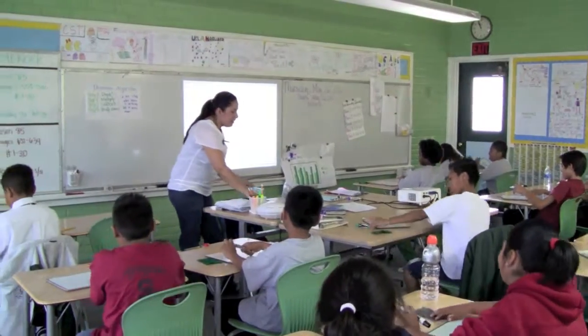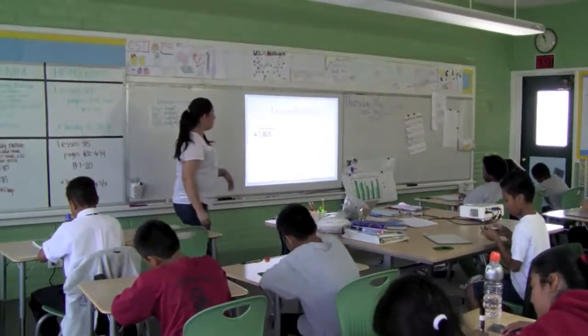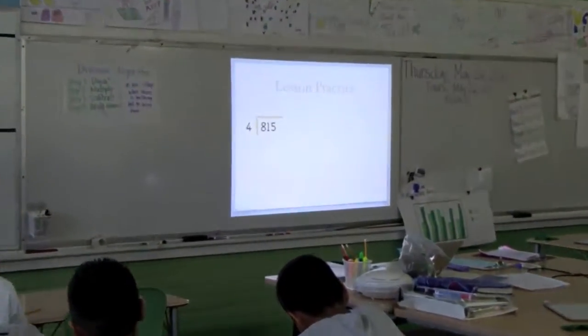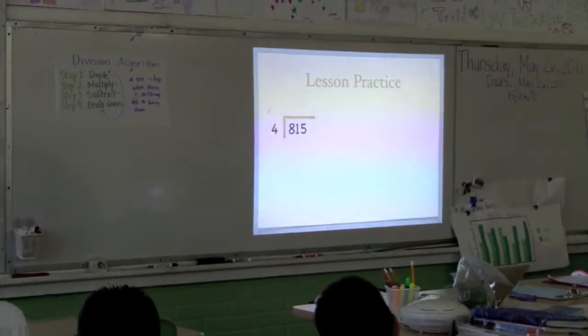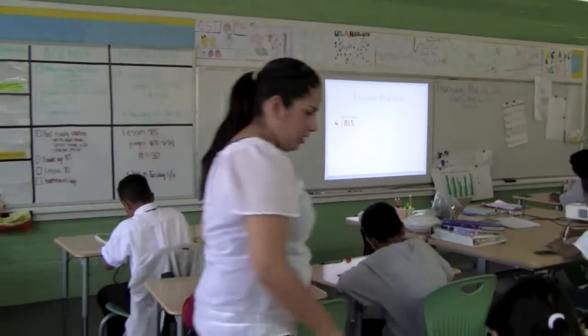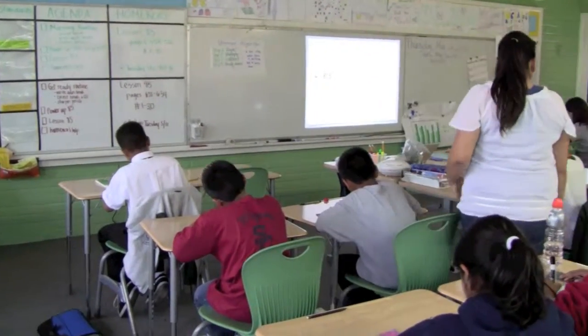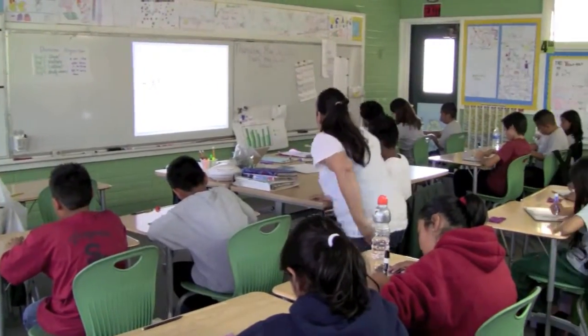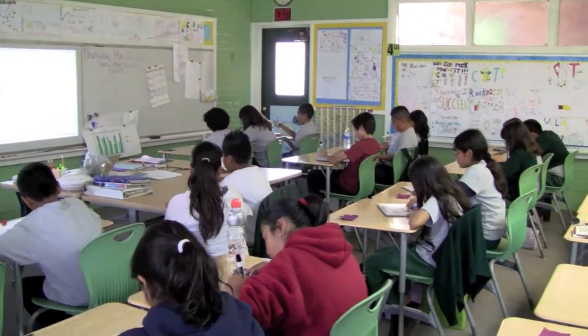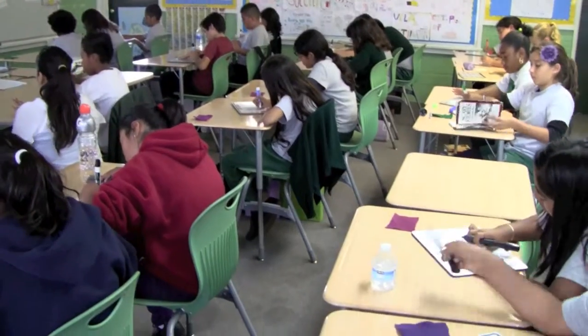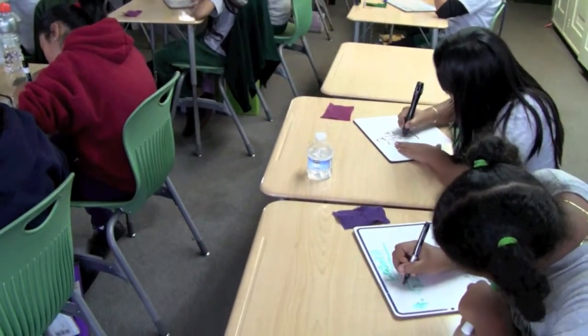You're going to divide 815 by 4. Lionel, you're on fire. There you go. Start the division, so it's 8 divided by 4.